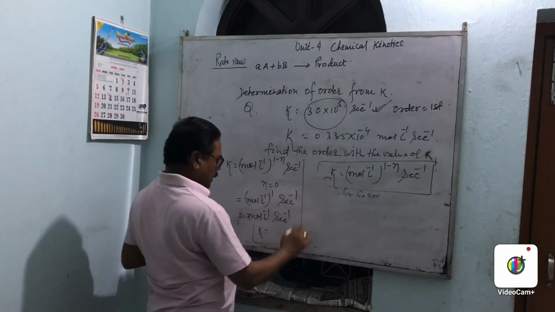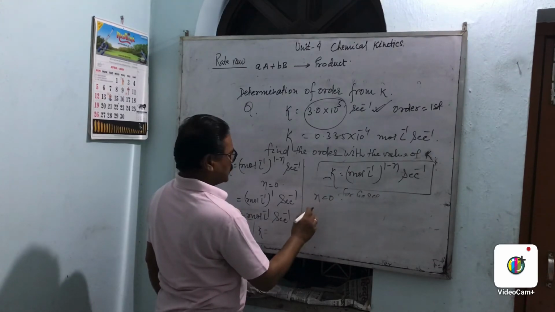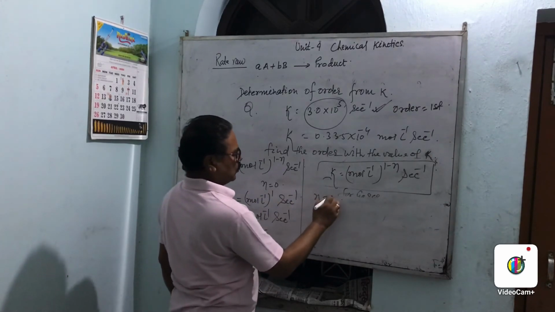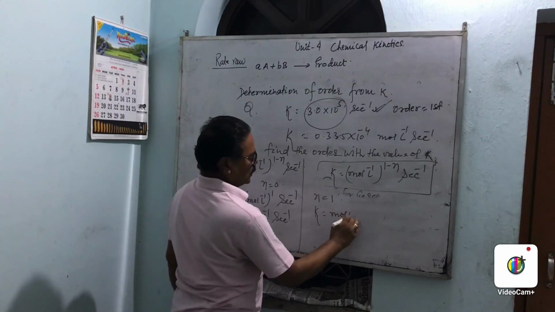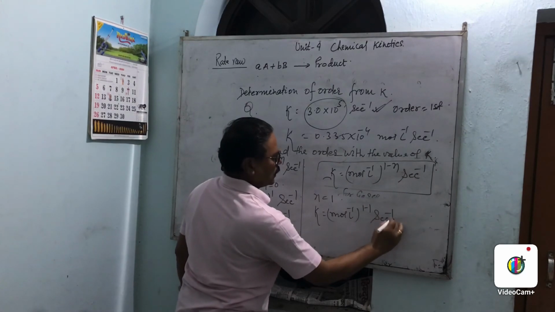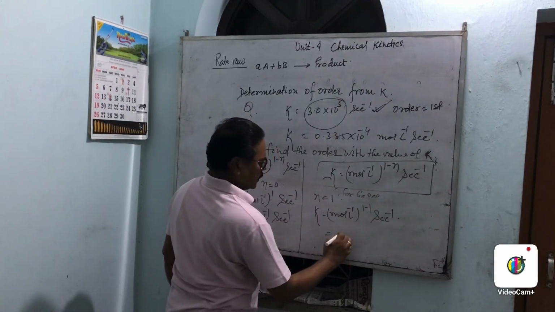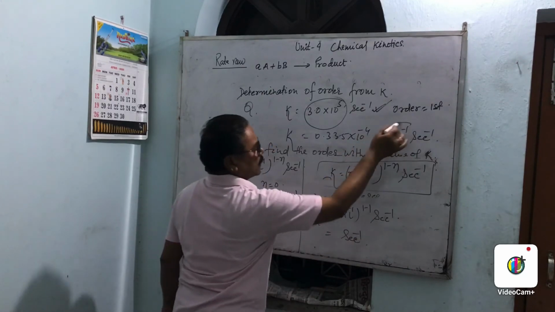Now you put n equal to 1. Then k is equal to mole per liter to the power 1 minus 1, and second inverse. So this is 0, then it is equal to second inverse. What is the unit given here?